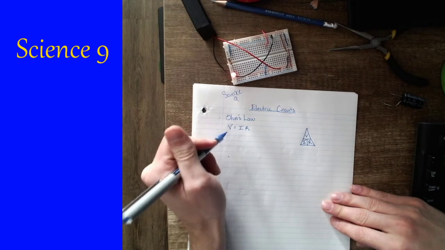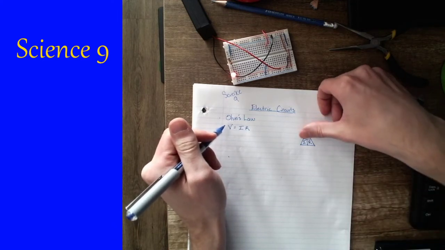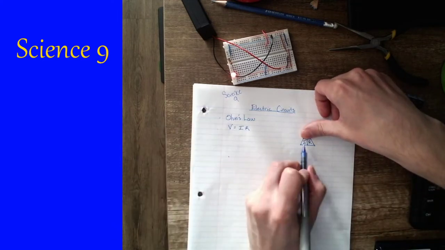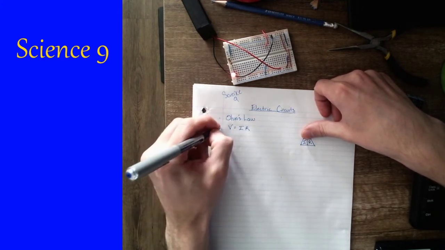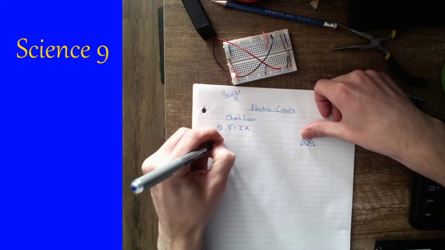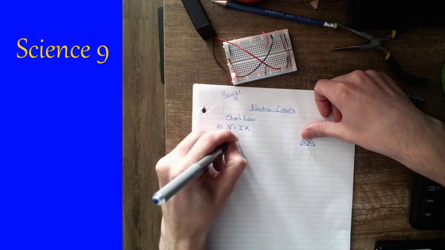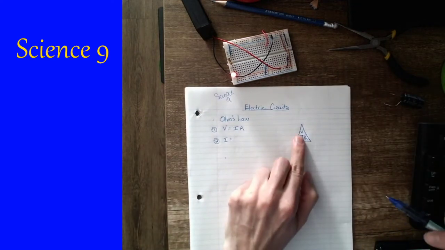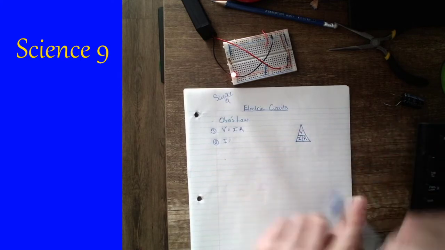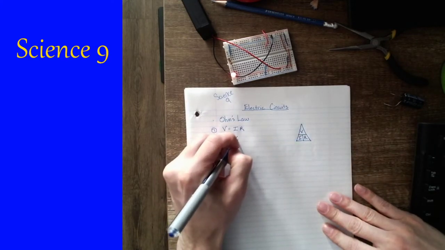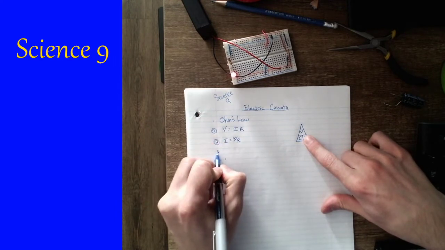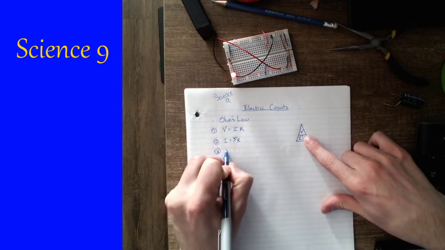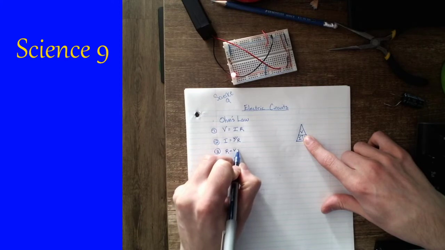So if I want to know V, I already know it's I times R, but I cover up V and I get I next to R, and that means multiplication. If I would like to know I, for example, I cover up I and get V over R, so V divided by R. And if I want to know R, that would be V divided by I.